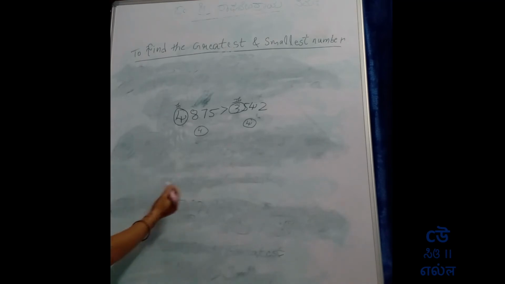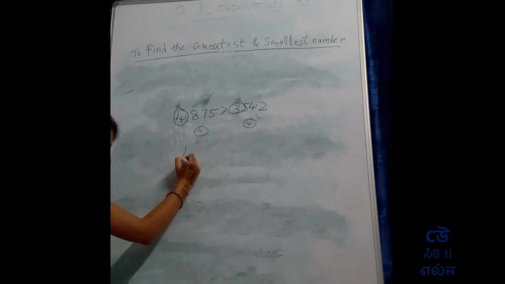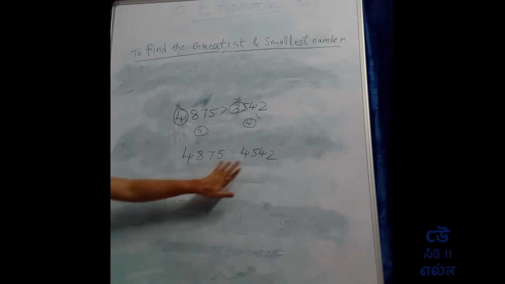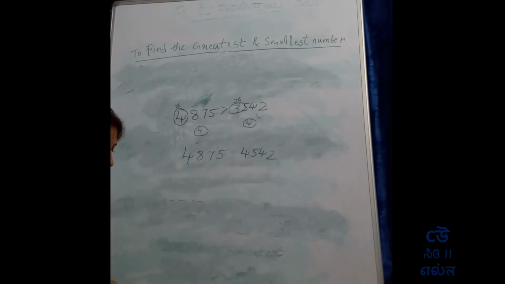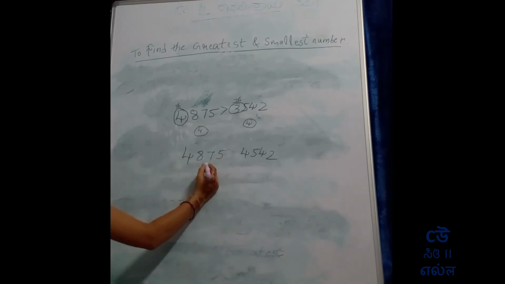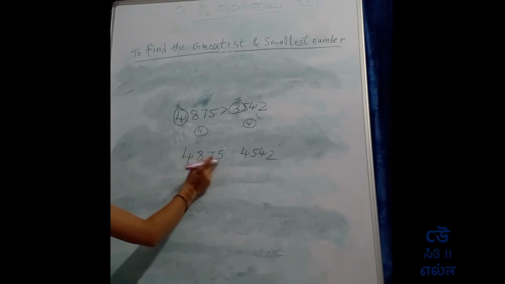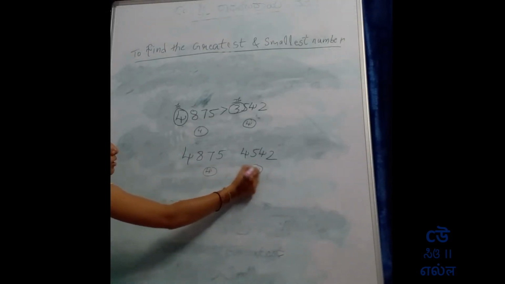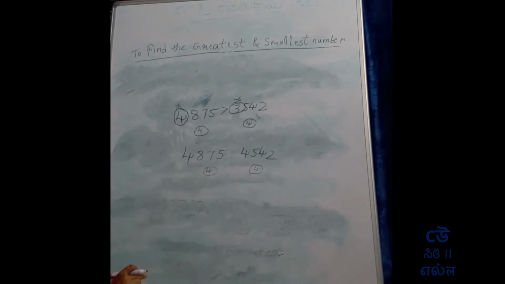Next, I'll give you one more example. See, in these two numbers, the first step is we have to write the number of digits in each number, that is 1, 2, 3, 4. We have an equal number of digits in the two numbers.